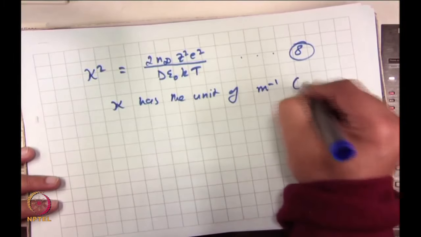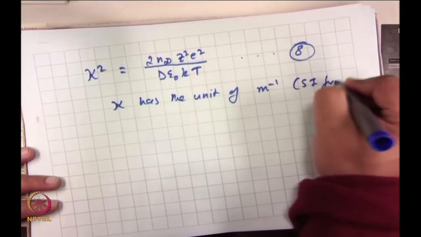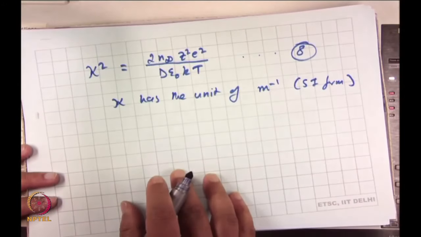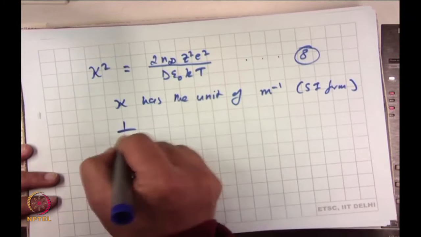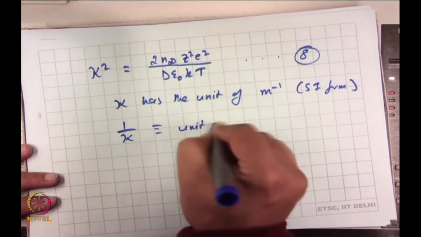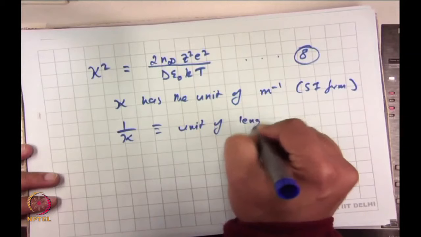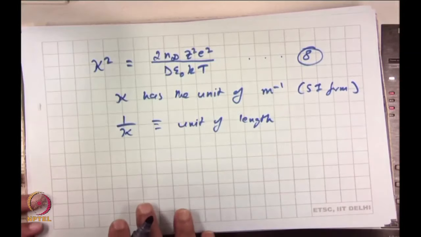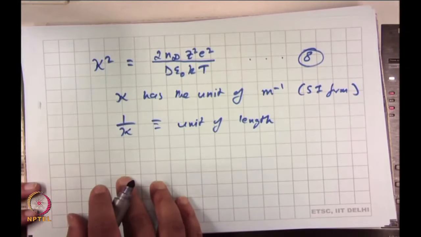This is in the SI unit, meter inverse, right. That means it is the inverse of length. That means 1 by kappa would have the unit of length.